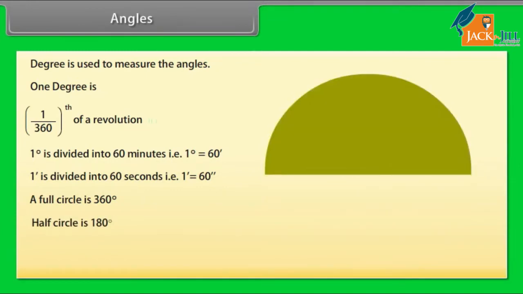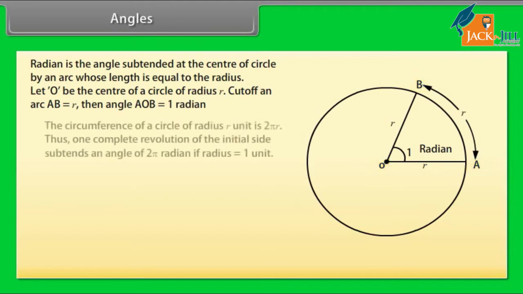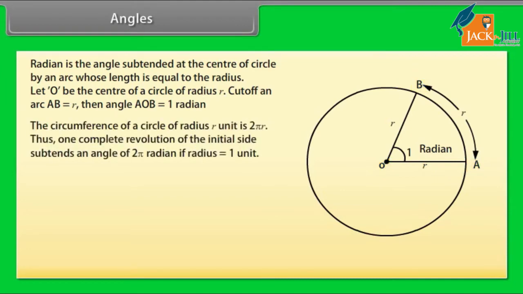How to measure the radian? Radian is the angle subtended at the center of a circle by an arc whose length is equal to the radius. Let O be the center of a circle of radius r. Cut off an arc AB equal to r. Then angle AOB is equal to 1 radian. The circumference of a circle of radius r unit is 2 pi r.